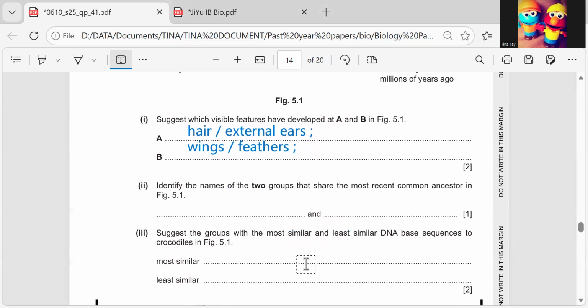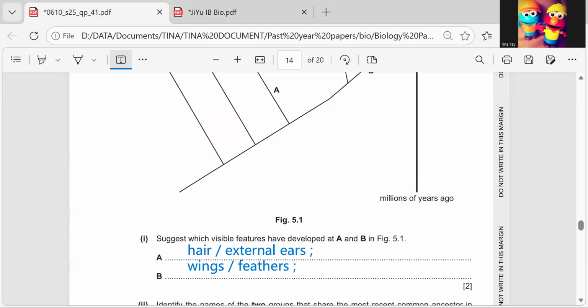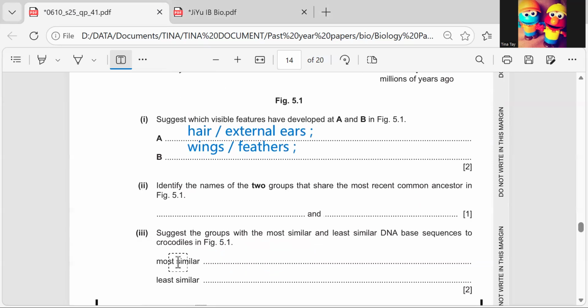Identify the names of two groups that share the most recent common ancestor. So, apes and rodents. Suggest the group most similar and least similar. Birds and sharks.